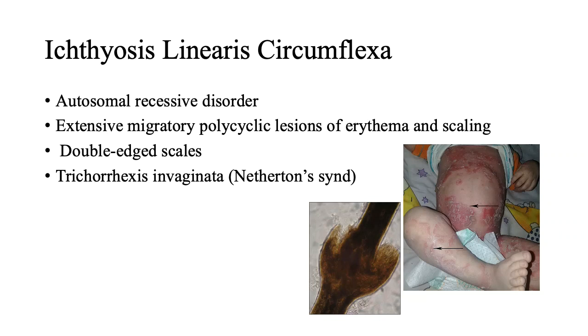In this, the distal part of the hair, which is very firm, gets wrapped by the abnormal proximal part of the hair, and this wrapping creates an illusion as if the distal part gets invaginated into the proximal part.